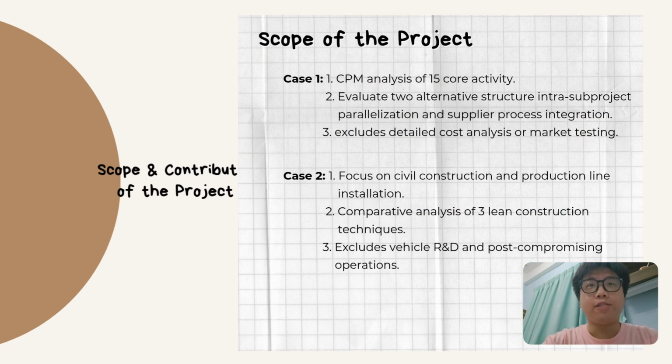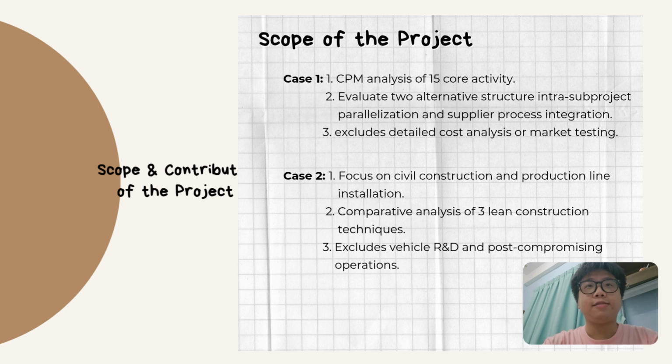The scope of the project in the first case study is CPM analysis of 15 core activities. Second is to evaluate two alternative structures: inter sub-project parallelization and supplier process integration. And the third scope is to execute a detailed cost analysis of market testing.